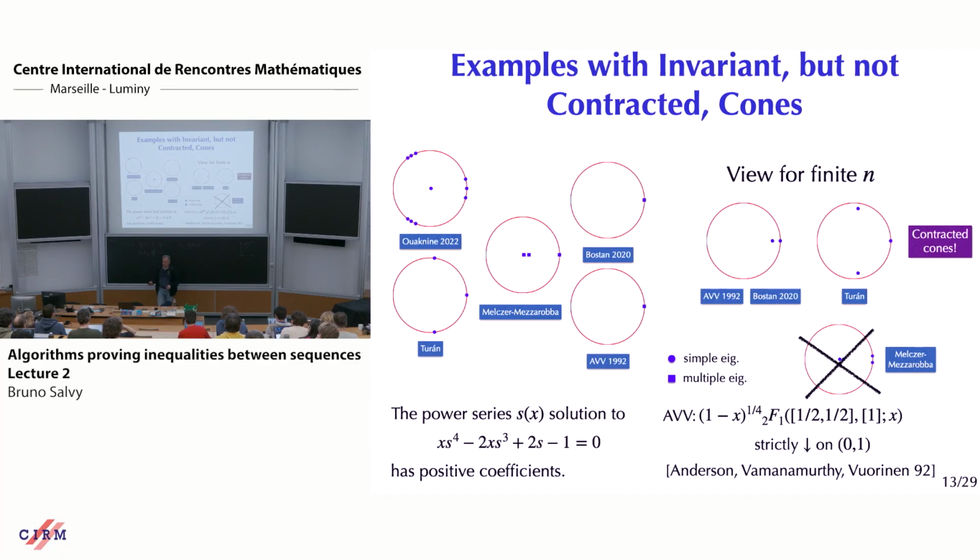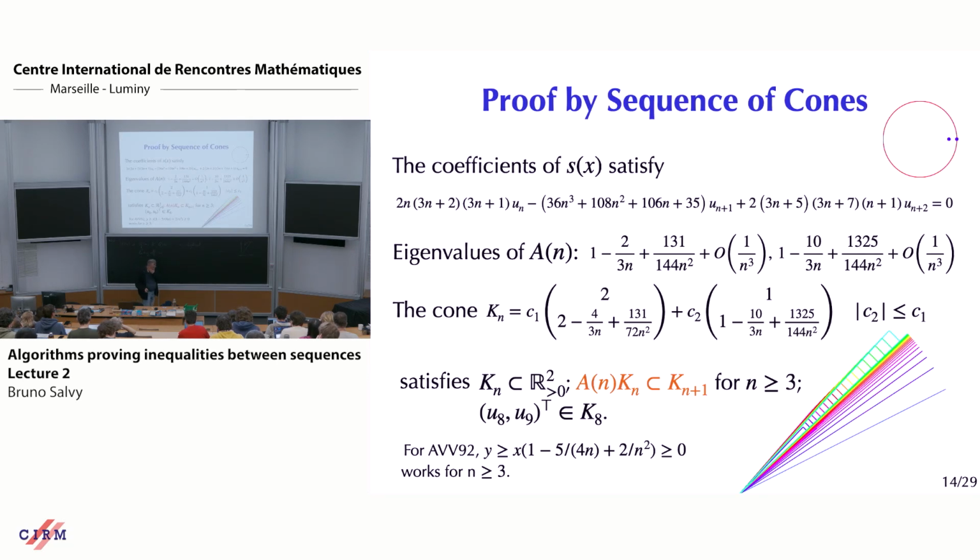So let me show this method on Aline's example. This is the recurrence, order 2. You don't have to read it, but they all look the same. Right? If you look at the eigenvalues, one of them behaves like 1 minus 2 over 3n plus blah, blah, and the other one minus 10 over 3n, much smaller.